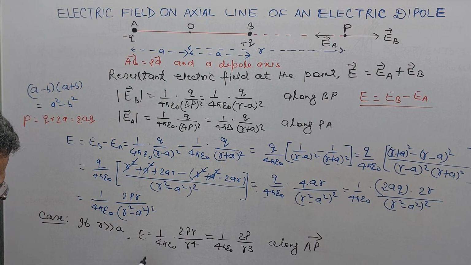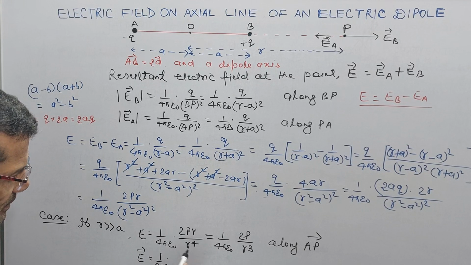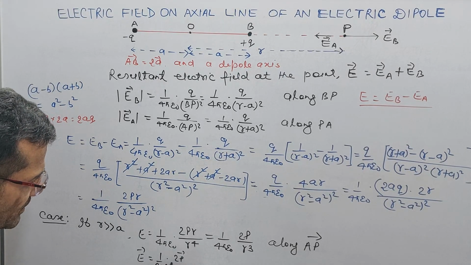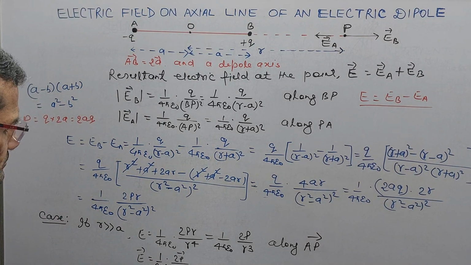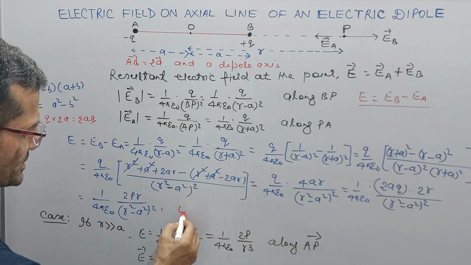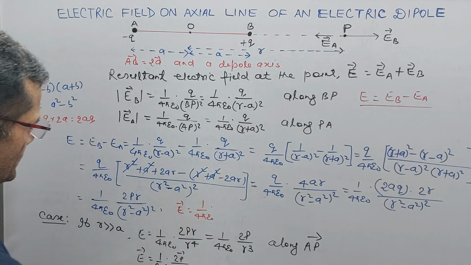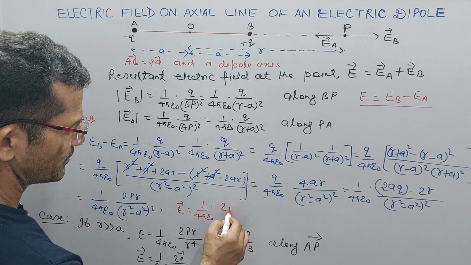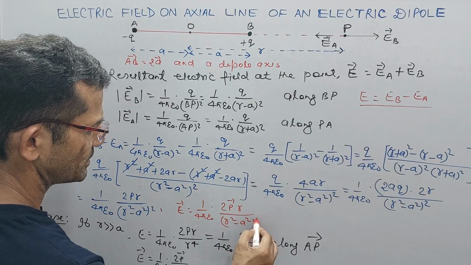Now in the vector format we can represent it: vector E equals 1 upon 4 pi epsilon naught, and here 2 vector p divided by r cube. This will be when r is greater than a. In the other case, in vector format it will be 1 upon 4 pi epsilon naught, 2pr, 2 vector p divided by (r square minus a square).